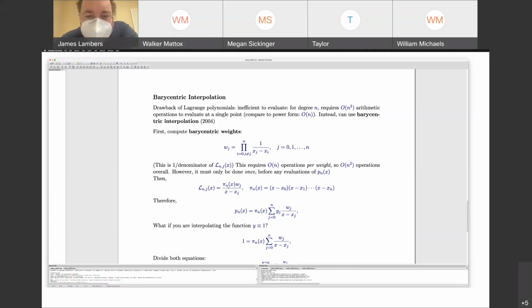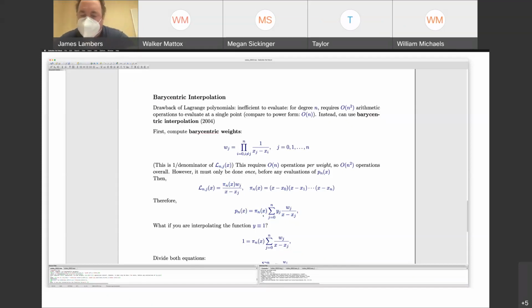Now, the reason why this is helpful is if I now write out my Lagrange interpolating polynomial, remember from before, it's a sum of the y values times Lagrange polynomials. But this part, this is the key. This part does not depend on j. So you can factor it out of the sum. And that's what's done here.